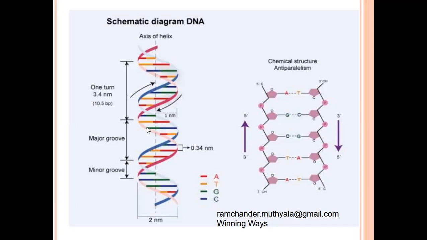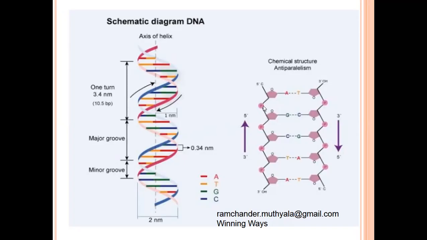In this formation of DNA, how many polynucleotide chains are there? Two polynucleotide chains are arranged in an anti-parallel position. For example, if we take one polynucleotide chain, it contains three chemical components: one is phosphoric acid, the second is deoxyribose sugar, and the third is nitrogenous bases.